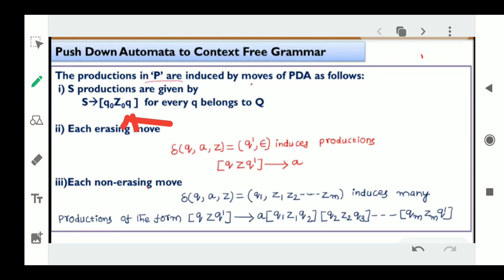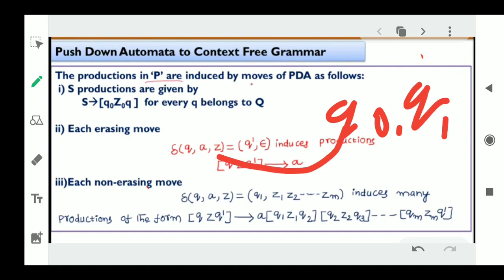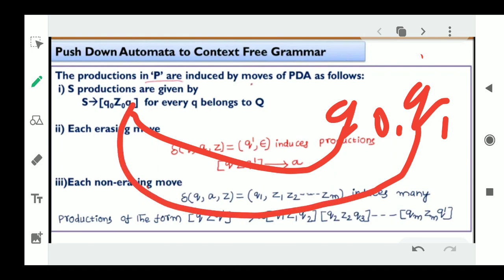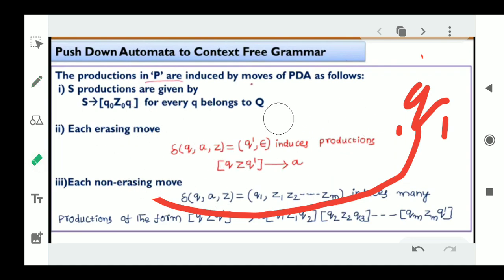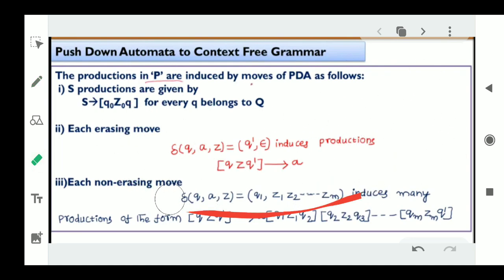If the given states are Q0 and Q1, first we will substitute Q0 in the place of Q and we will get one production. After that, again we will substitute Q1 in the place of Q and we will get one more production. We will write both productions, and that is how we will form the productions by using the given states.